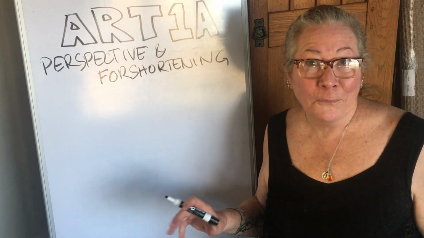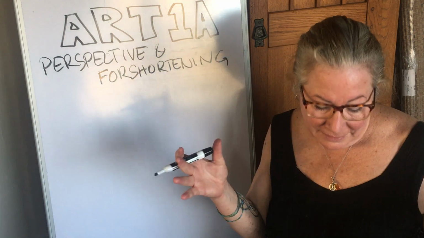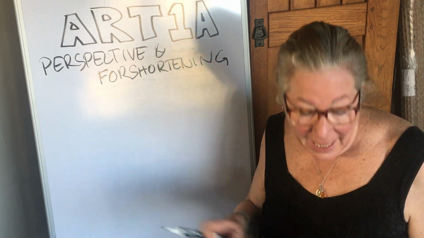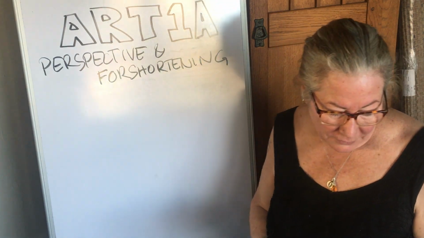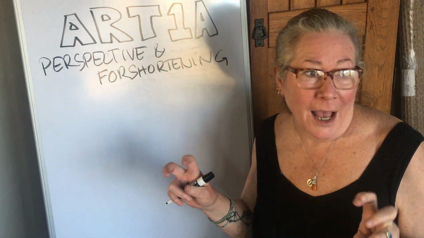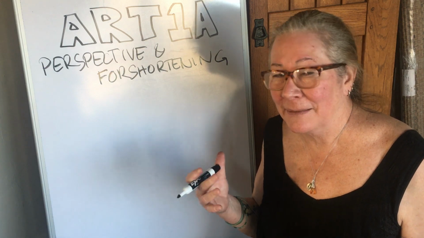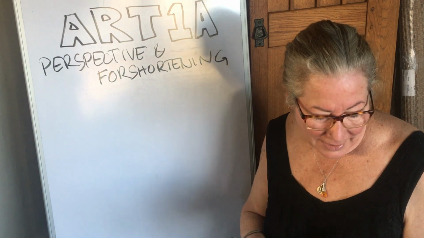These are very important for art, especially two-dimensional art, okay? Artists use perspective to make objects on a flat two-dimensional surface appear to be three-dimensional, okay? And it's kind of like to fool the eye, right? We like those things that kind of fool the eye. It makes it appear that it's real when it's really not real, obviously, right?